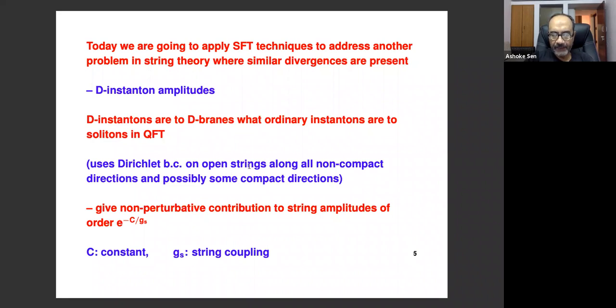This is the main difference between a d-instanton and a d-brane, because on a regular d-brane you put Neumann boundary conditions along the time direction, but on a d-instanton you put Dirichlet boundary conditions on the time direction because it's non-compact. Physically, d-instantons give non-perturbative contributions to string amplitudes, of order e to the minus c over gs, where c is some constant and gs is the string coupling.